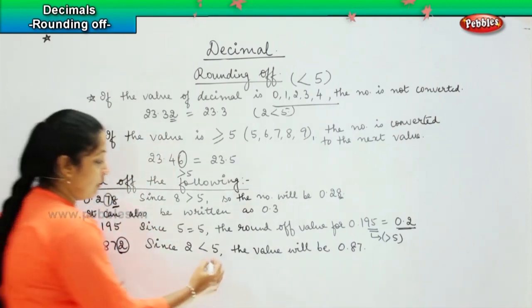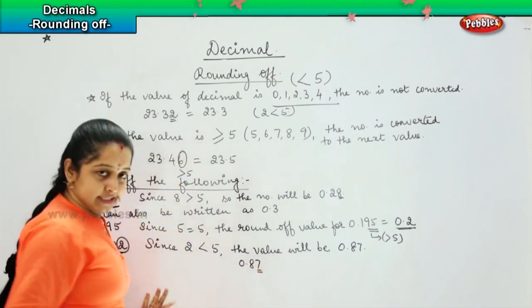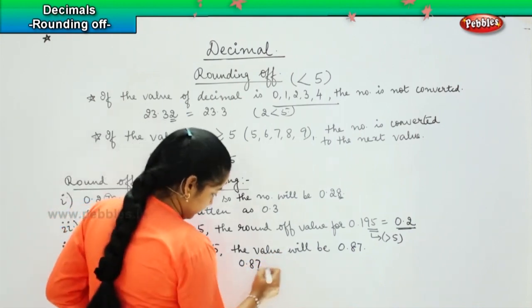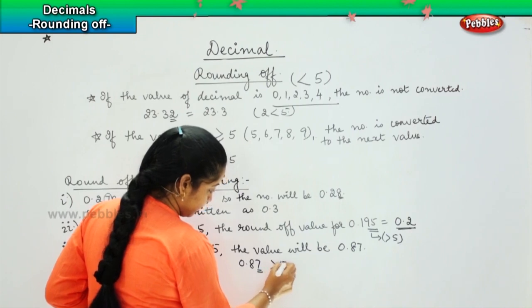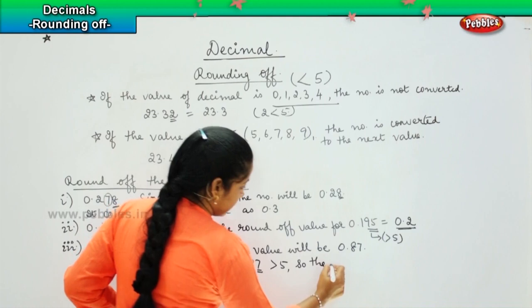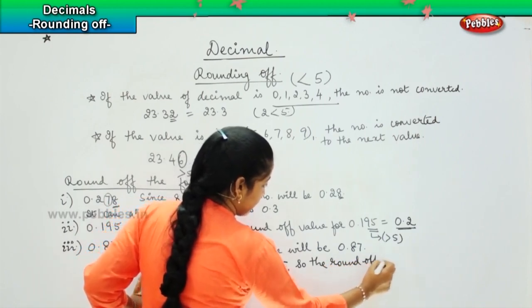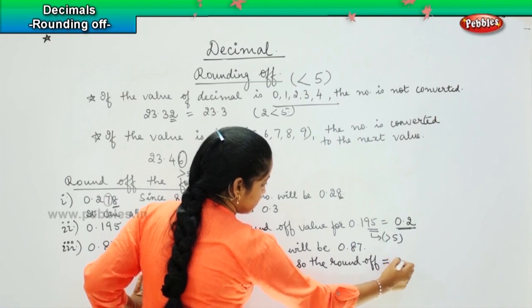Now in this 0.87, since this 7 is greater than 5, the round off will be equal to 0.9.